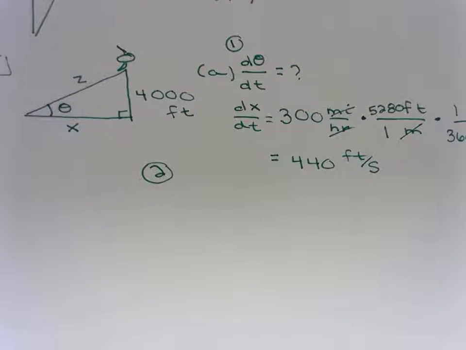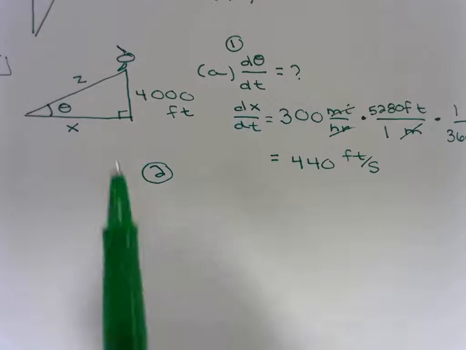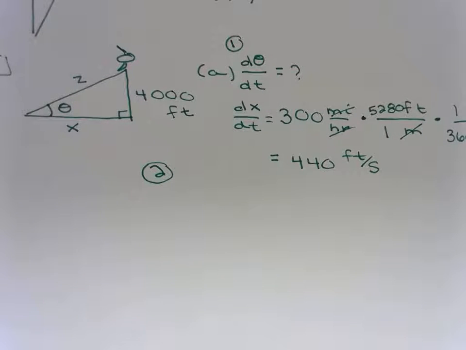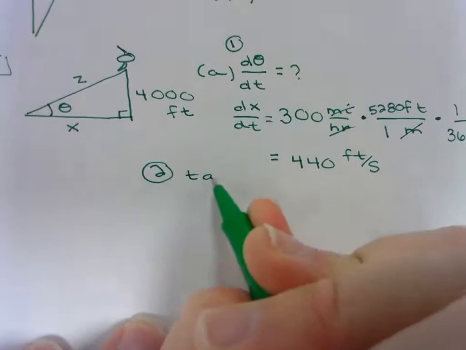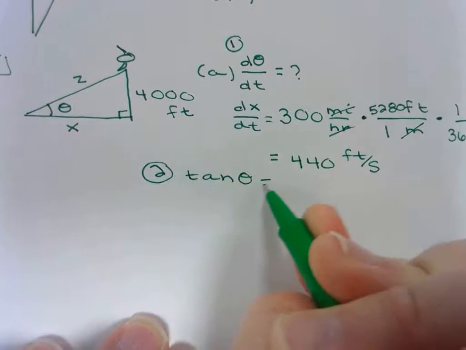So I tell you about theta and x, and I know y is 4,000. What formula will I use to relate theta, 4,000, and x? Tangent. So tangent of theta is going to be what over what?